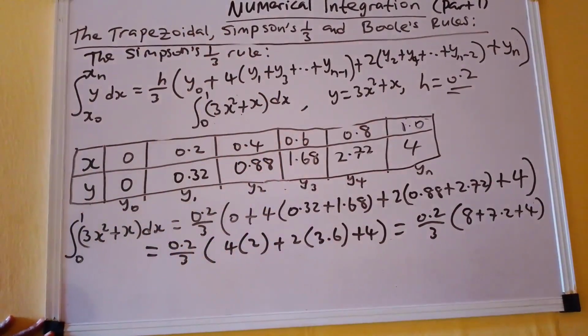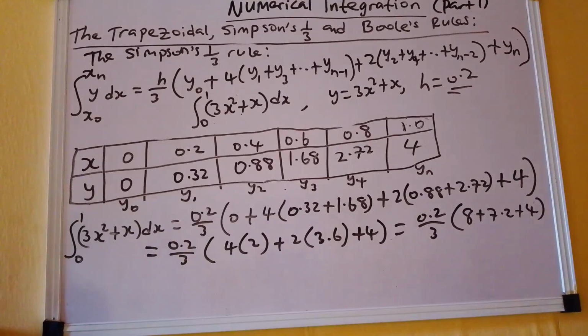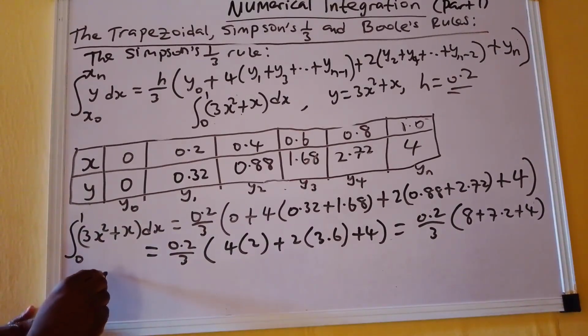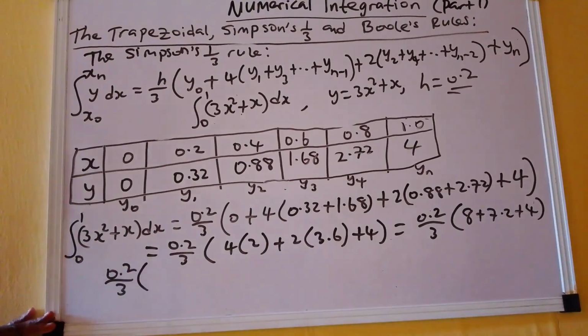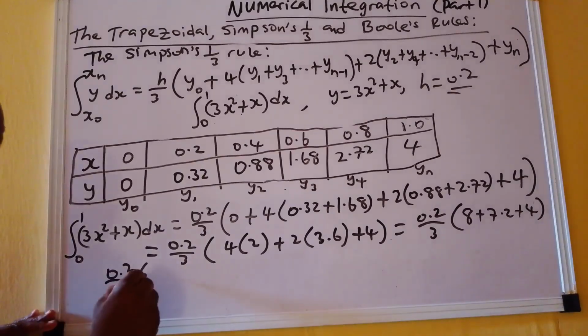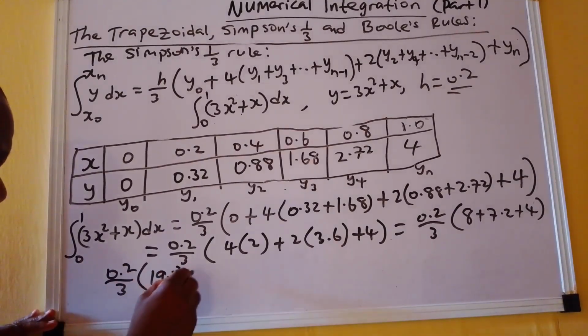So when you add that, you have 0.2 over 3 into 19.2.